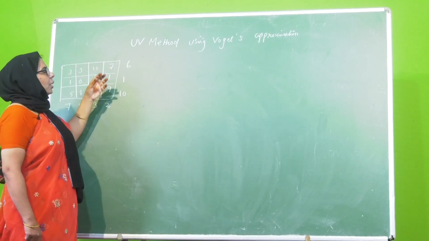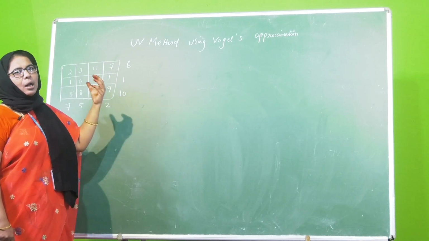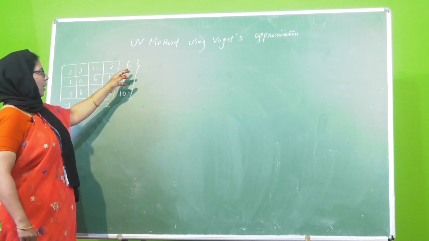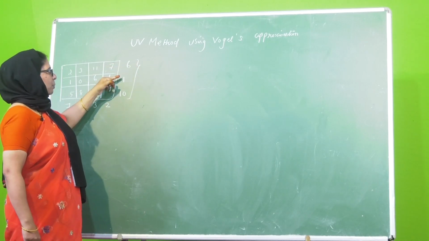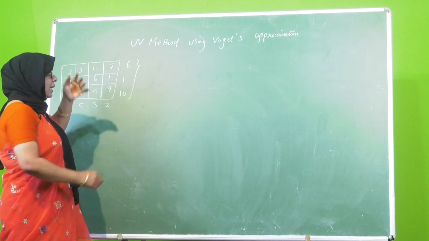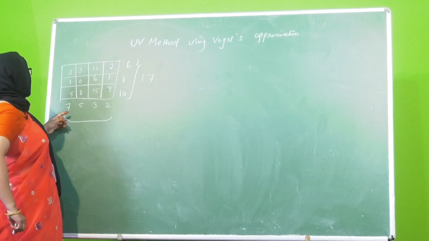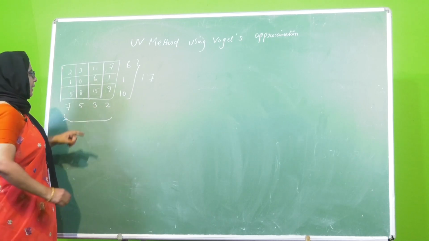First of all, you have to check whether the problem is balanced or unbalanced. As I already told, how can we check: 6 plus 1 is 7, 7 plus 10 is 17, and 7 plus 5 is 12, 12 plus 3 is 15, 15 plus 2 is 17.